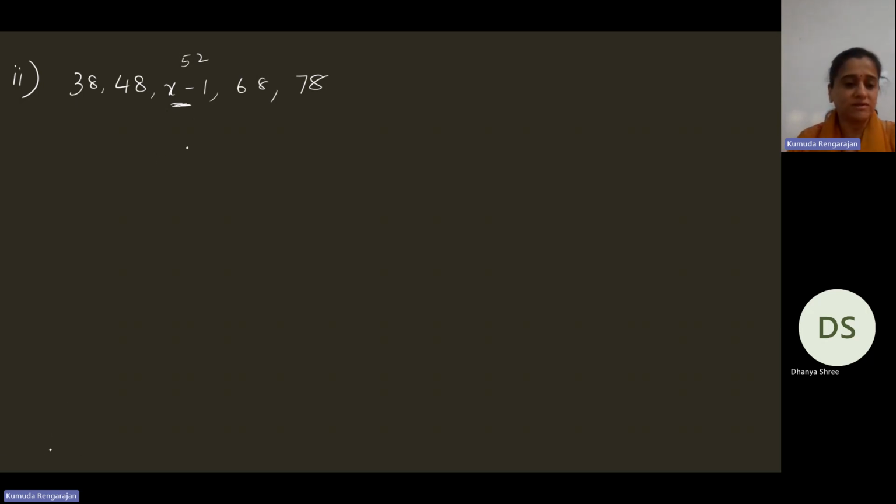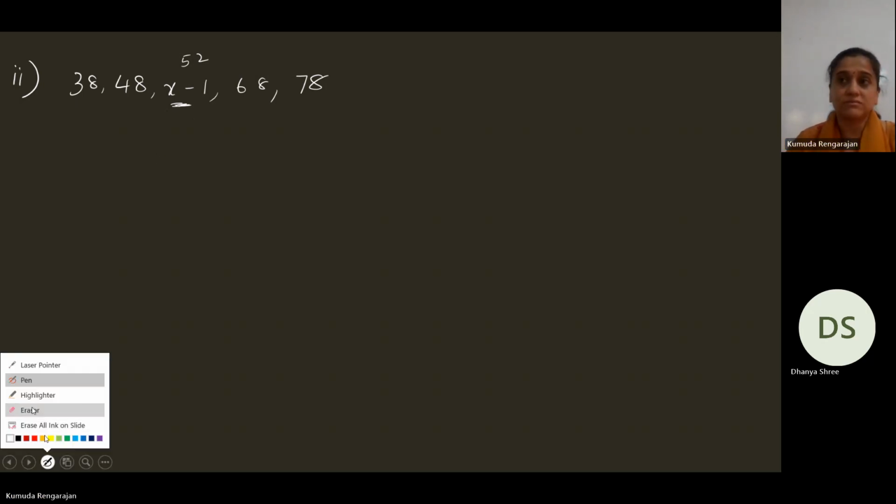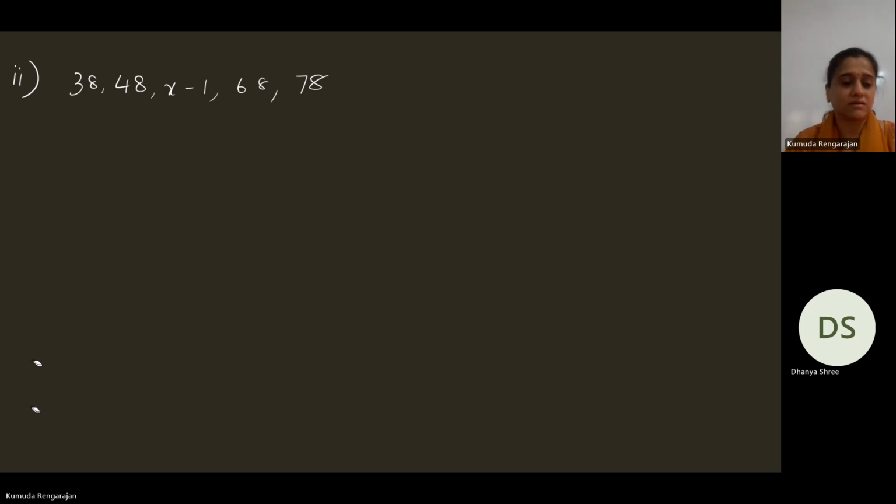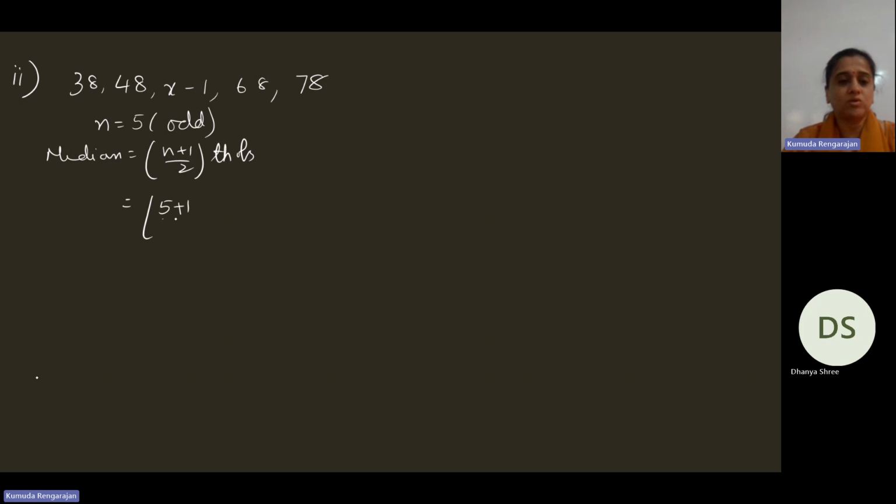Okay, so how do we work that? n is equal to 5, odd. Median is equal to the (n plus 1) by 2th observation, that is 5 plus 1 by 2, 6 by 2, third observation.